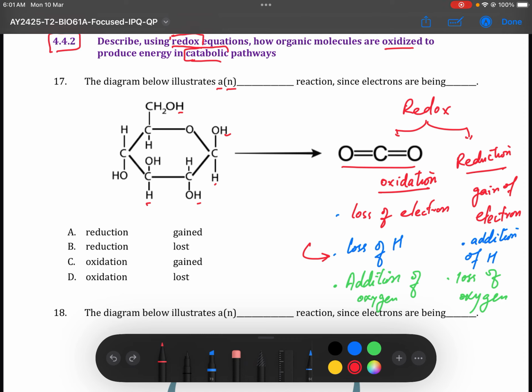Since oxygen is already here, you can't decide if the oxygen is added or not, but yes, you can decide hydrogen is lost. So this is oxidation and the electrons are lost as per the definition.